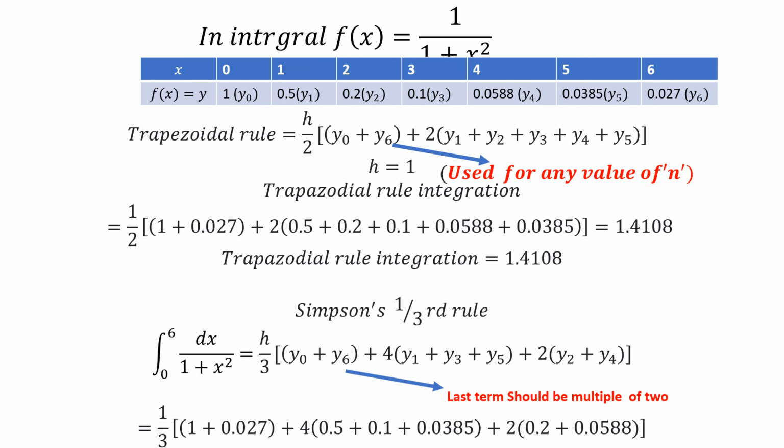Suppose this is the value of x, this is the value of y: 1, 0.5, 0.2. You can calculate it. How? You put the values of x here, 0 first, then 1, 2, 3, 4, 5, 6. Accordingly, you will get these values.